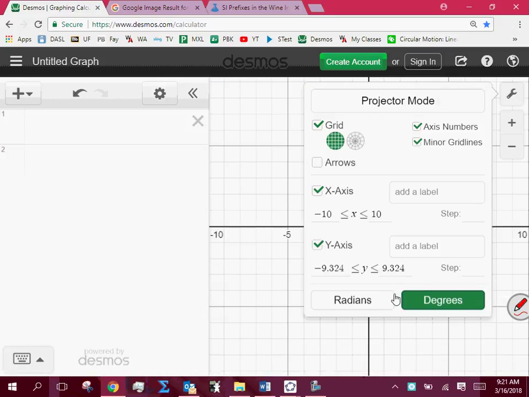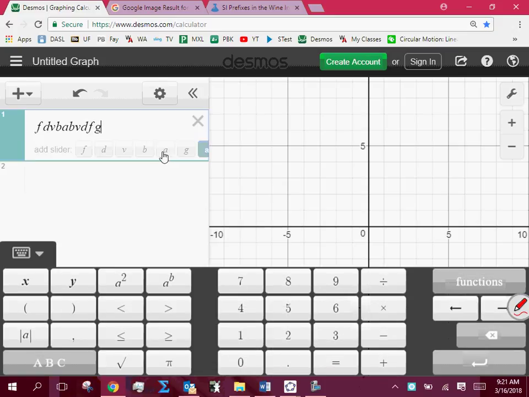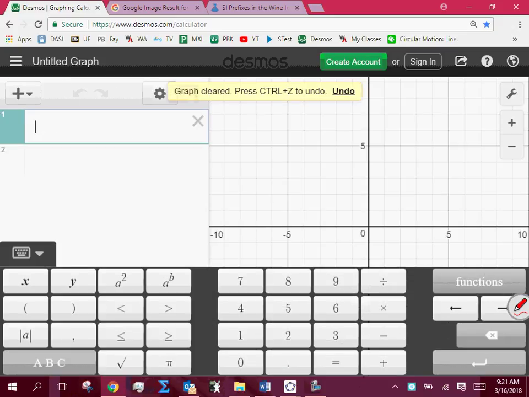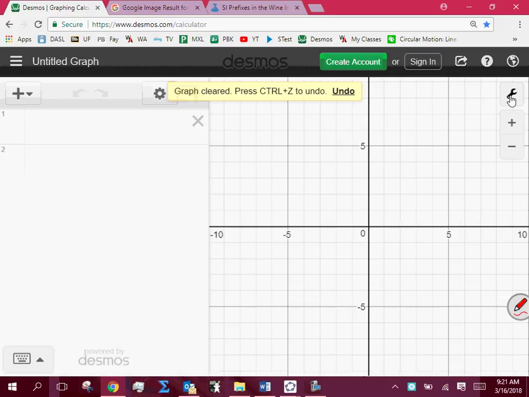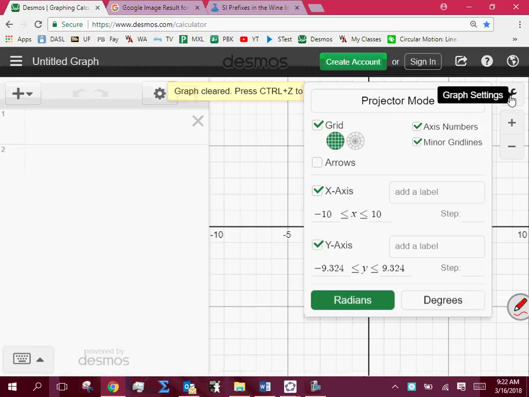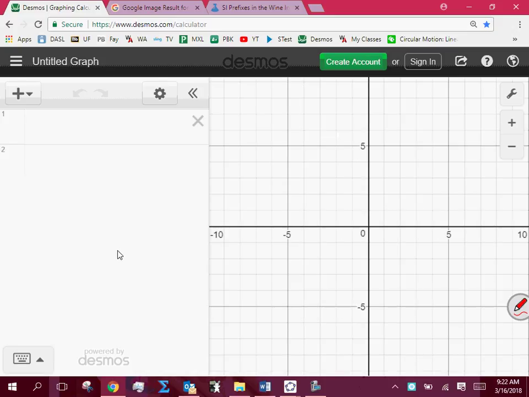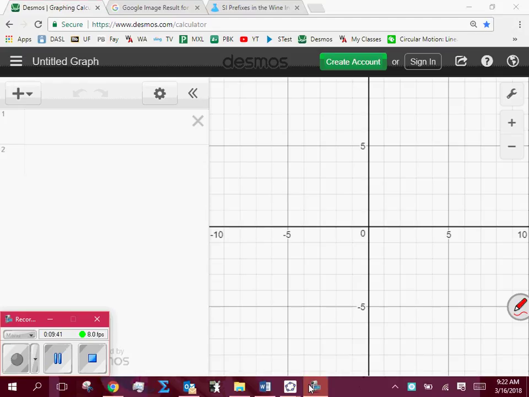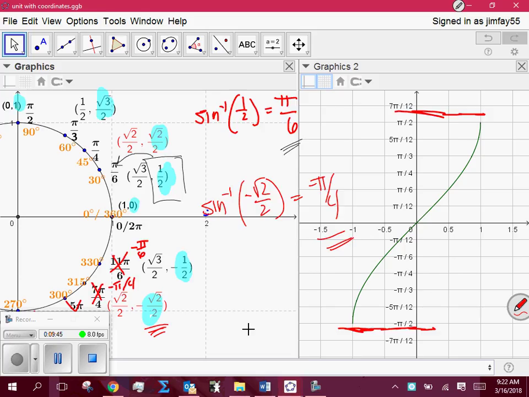If I'm in degrees, okay, and do something, and then go delete all, what did it default me back to? Radians. Okay, so that's just something to think about if you use this calculator. It's something we ran into the other day in my geometry class that some students were struggling with. Is this something we can do with the sine?